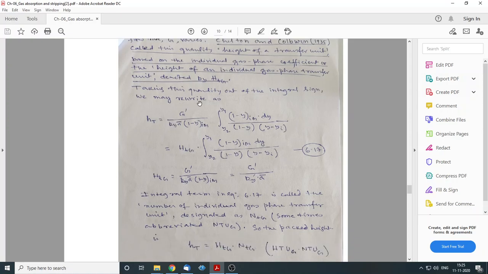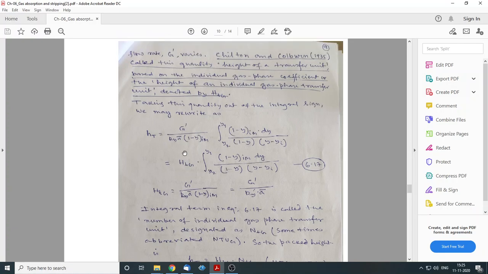And this is called HTG. HTG is the height of a transfer unit. What is the height of a transfer unit?